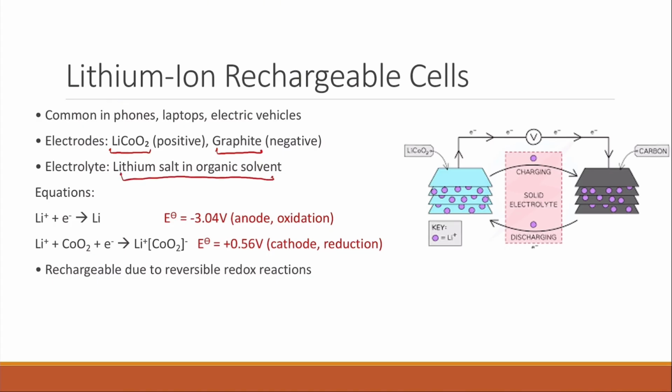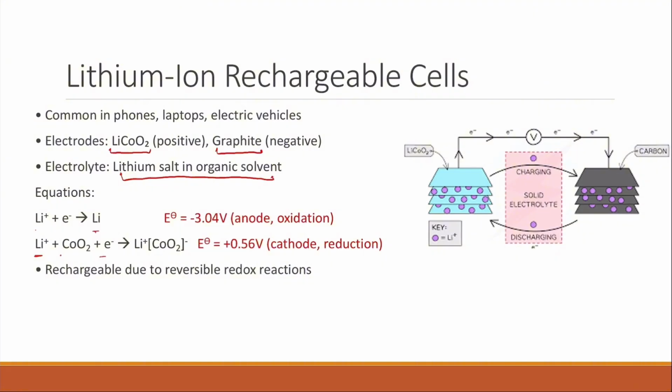So there are two equations here, and we're going to write both of them in the reduction form because we're going to refer to the standard electrode potential. The lithium ion, when reduced, will give you lithium atoms. And then the other one is the lithium ion reacting with the copper oxide and gaining electrons to give lithium copper oxide.